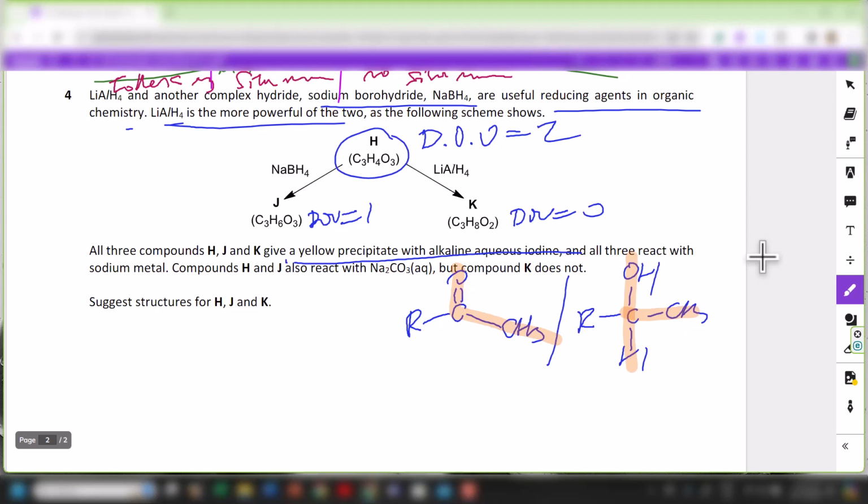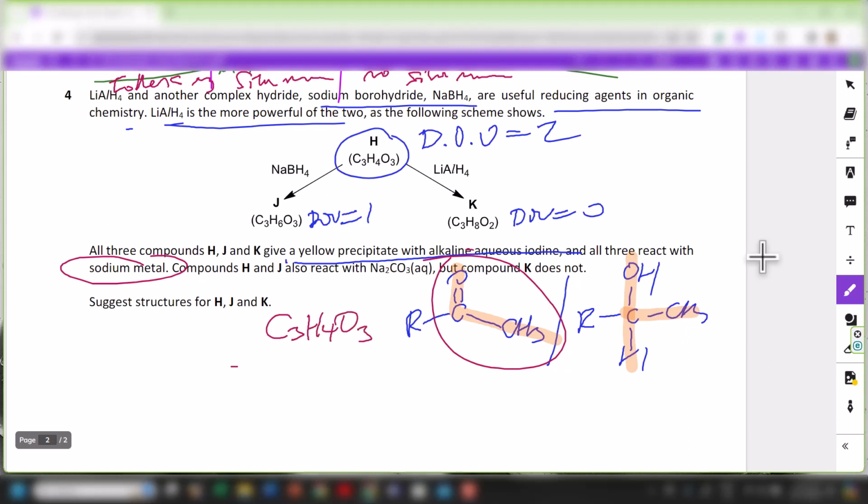Then all 3 react with sodium metal. This is not a very useful piece of information, because basically they react with protonic hydrogens. So they are trying to tell you that H, in addition to containing this methyl ketone moiety, also contains a protonic hydrogen. If you do a bit of math here, H is C3H4O3.